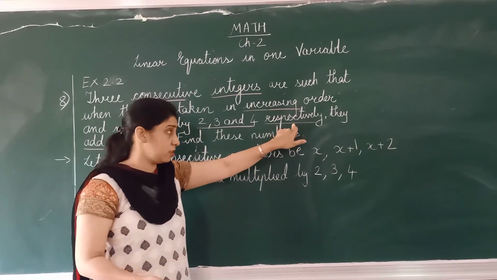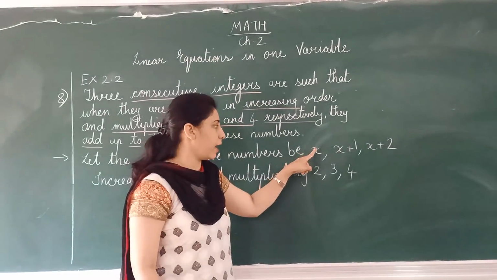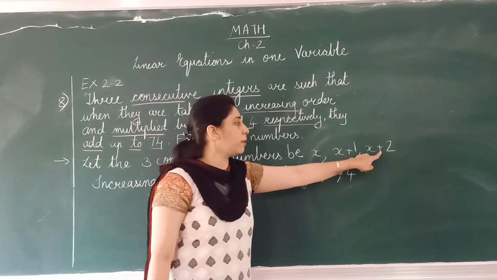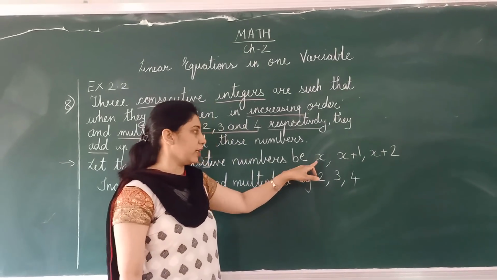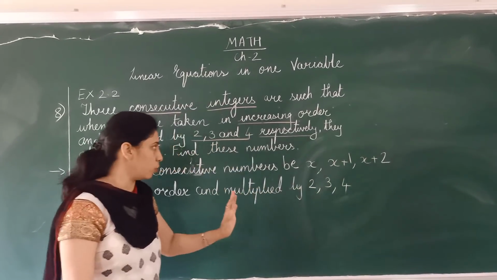Now what does the word respectively mean? It means 2 is multiplied by x, 3 is multiplied by x plus 1 and 4 is multiplied by x plus 2.